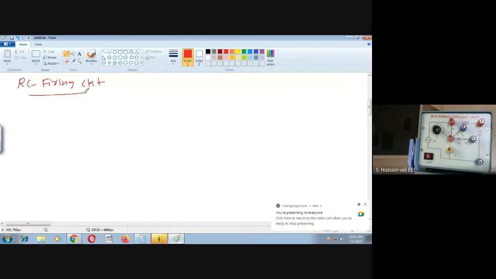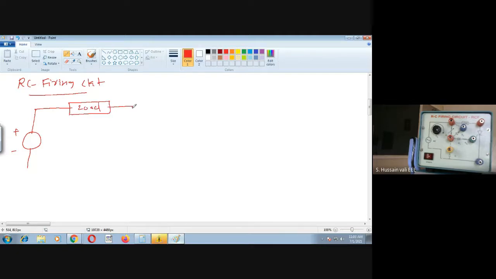That's it, and many things are the same. First I will draw the power circuit. The power circuit does not change at all. It is the same as the previous case. But here the control circuit, that is the firing circuit, will change.